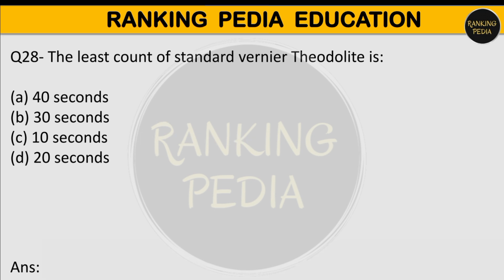Next question is, the least count of a standard vernier theodolite is, your options are 40 seconds, 30 seconds, 10 seconds, or 20 seconds. So the least count of a standard vernier theodolite is 20 seconds. Option number D is correct.